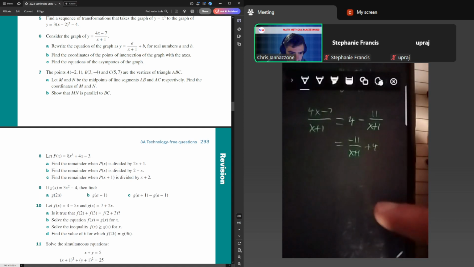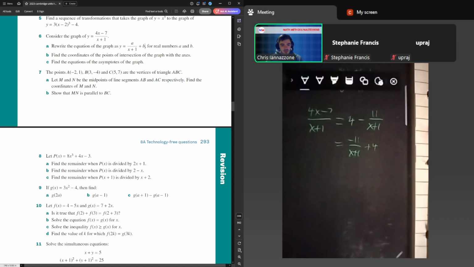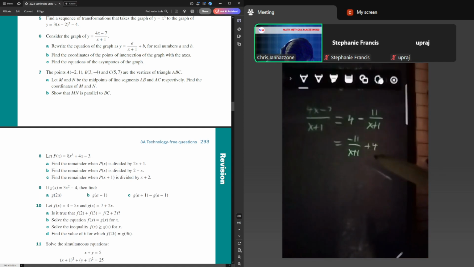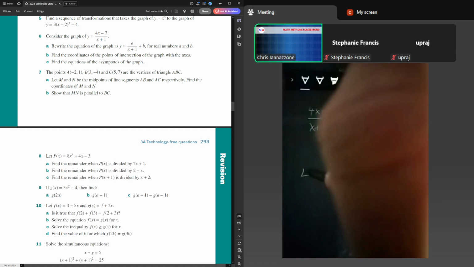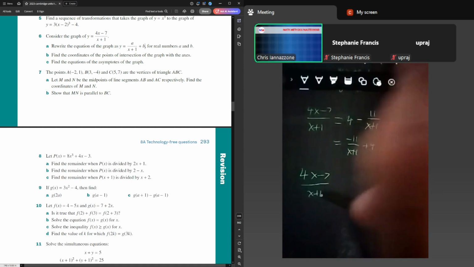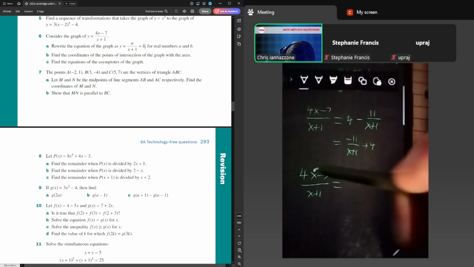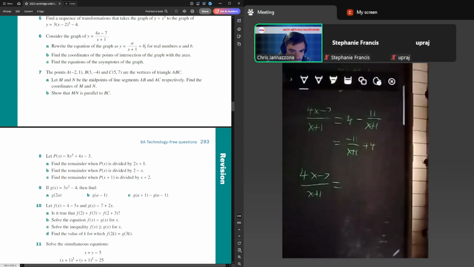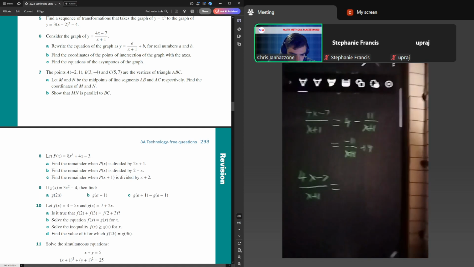But if for whatever reason you're really strong at algebra and you want to do an algebra approach, okay, why not? I'll talk about it just in case you're interested, though I don't necessarily recommend it. The point is you want to rewrite this function in a way where you have x plus 1 on the numerator.